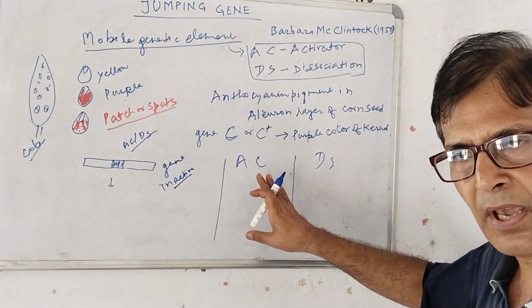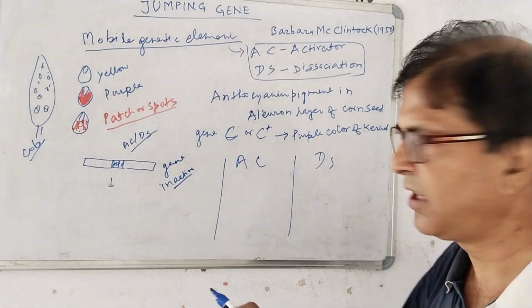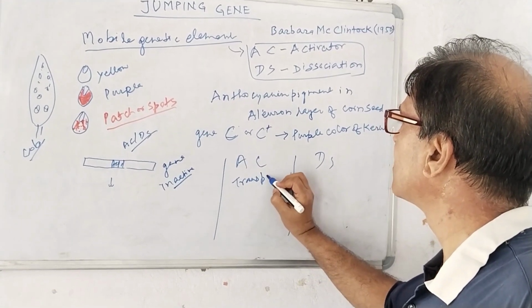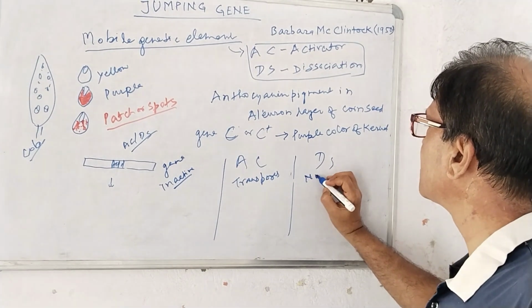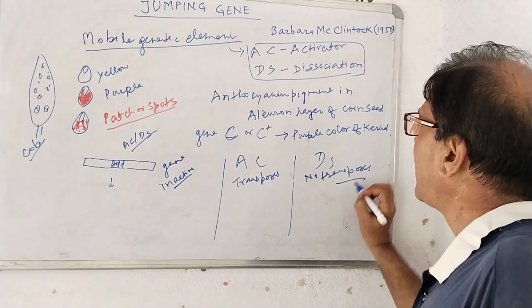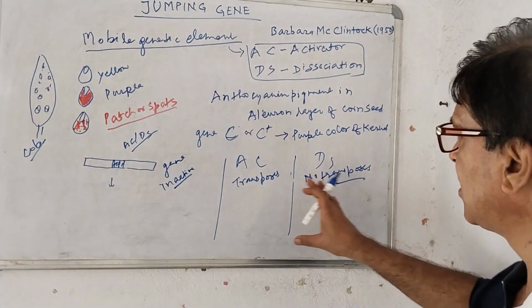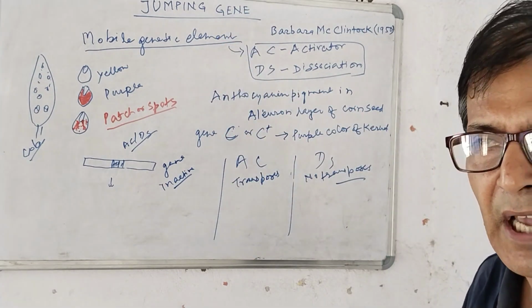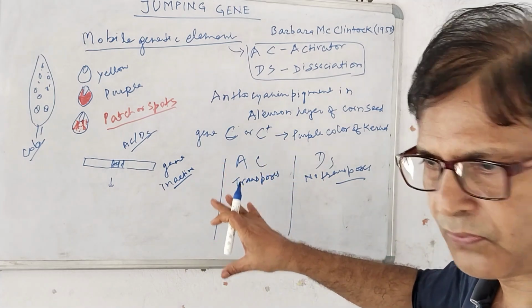Here, the AC activator is a complete gene. It can produce its enzyme transposase, and DS cannot produce it. DS has no transposase. Actually, this is the enzyme which helps in the movement of this controlling element from one place to another. If there is no transposase, these elements cannot move.